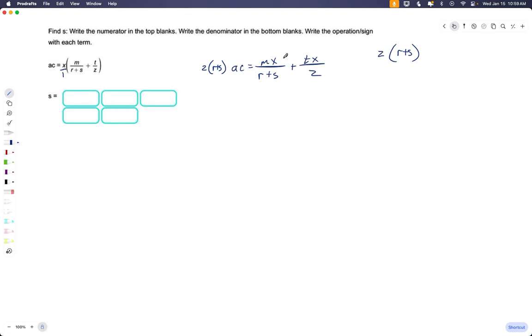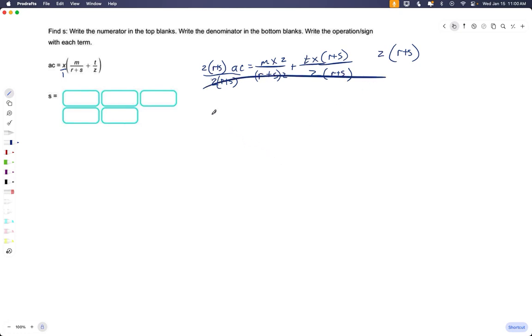This would be z, and this would be r plus s, over z times r plus s, right? Which we would then multiply by all the denominators, which would then cancel the denominators.